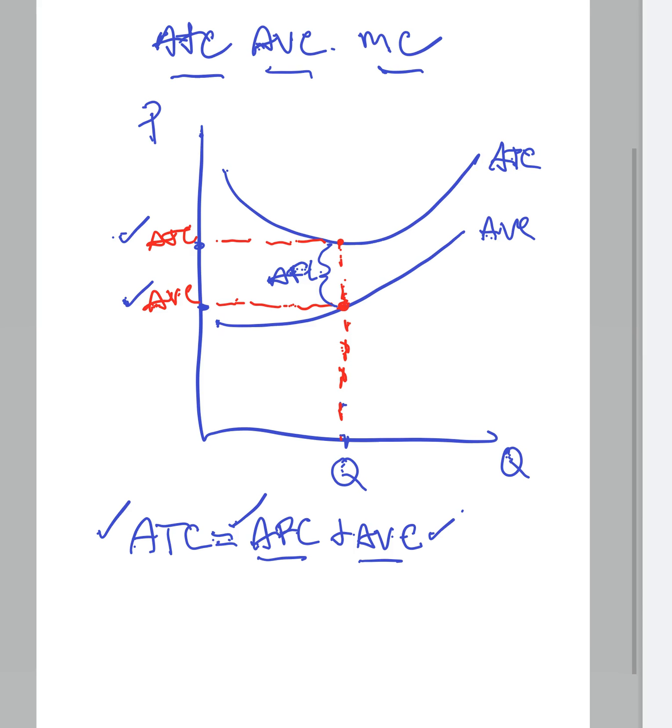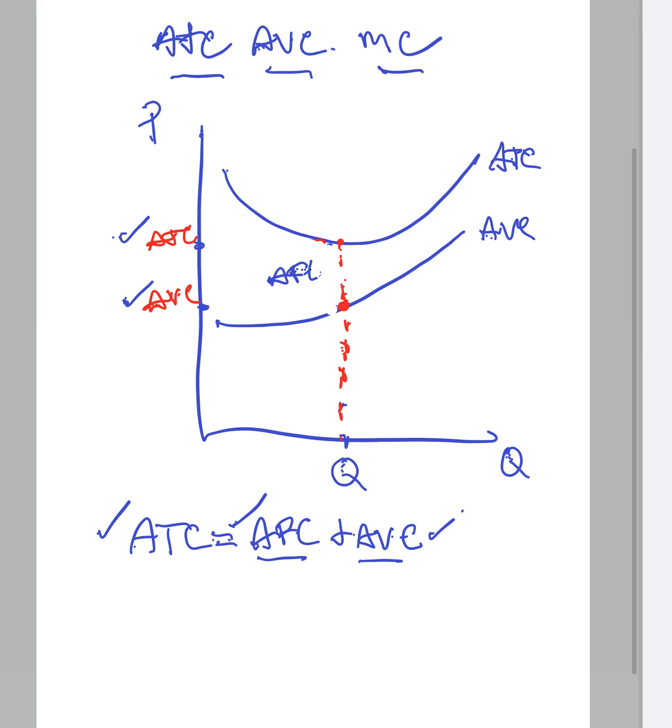Now, let me just do a little erasing here to clean things up. So I'm just going to erase this and this. And I'm going to erase this line right here.